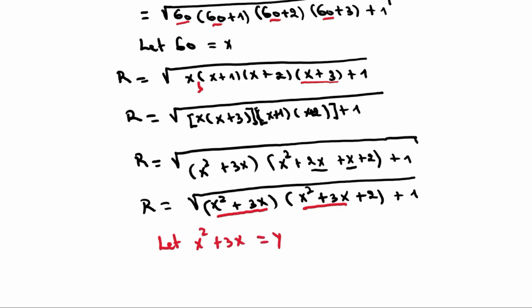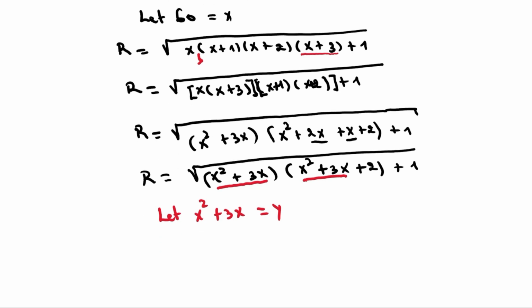If I rate this to be equal to y, my root will become r equal to the square root of y, which is x squared plus 3x, times y plus 2 and plus 1.